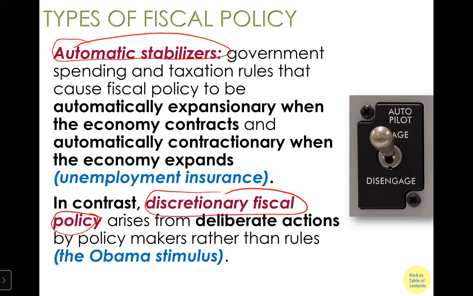So first look at what is automatic stabilizer, okay? So unemployment insurance is a perfect example of automatic stabilizer. So what is unemployment insurance? The unemployment insurance just says, okay, if someone lost their job and claims unemployment, they can go to the Social Security office to claim this insurance benefit. Okay, so this insurance benefit requires two things.